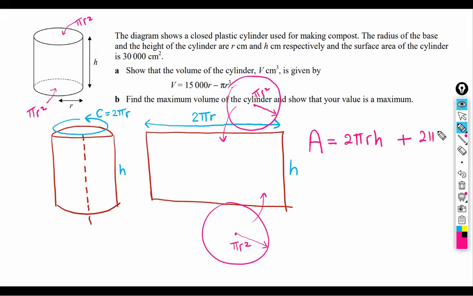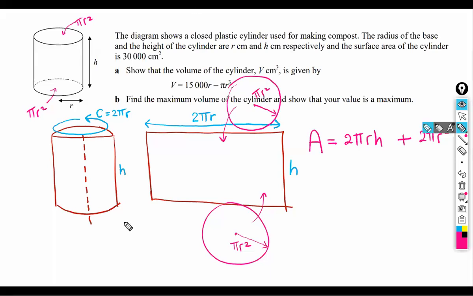Two circles, so it's 2 pi r squared. That's the surface area of a cylinder, right? I know this is a lot to take in. I have a good feeling I'm going to have to start with this question tomorrow when everybody is fresh.